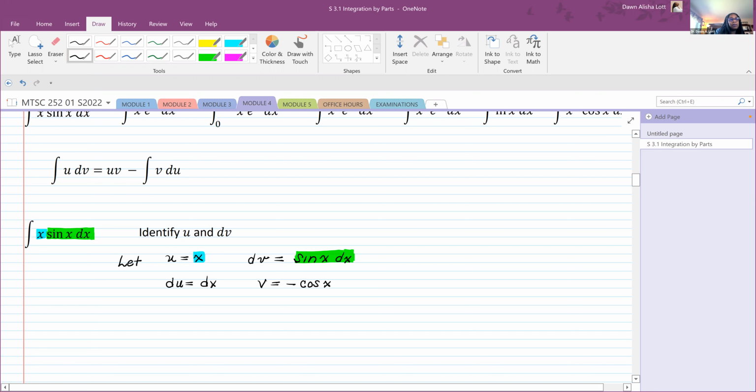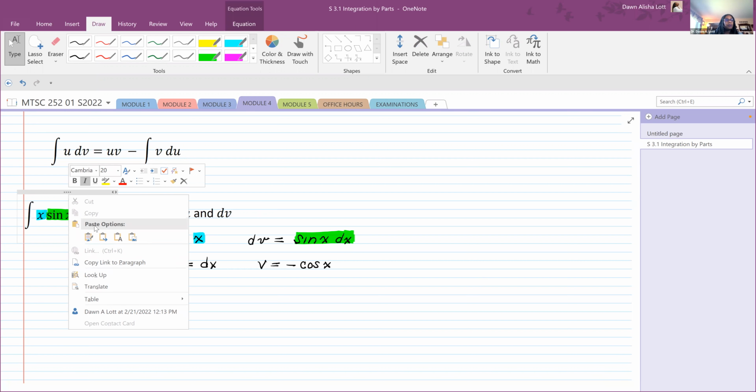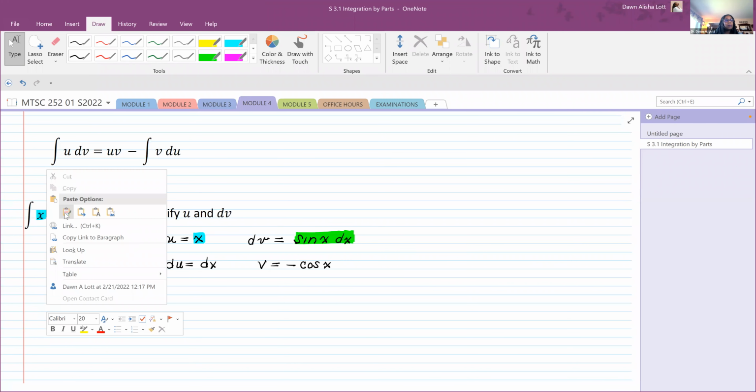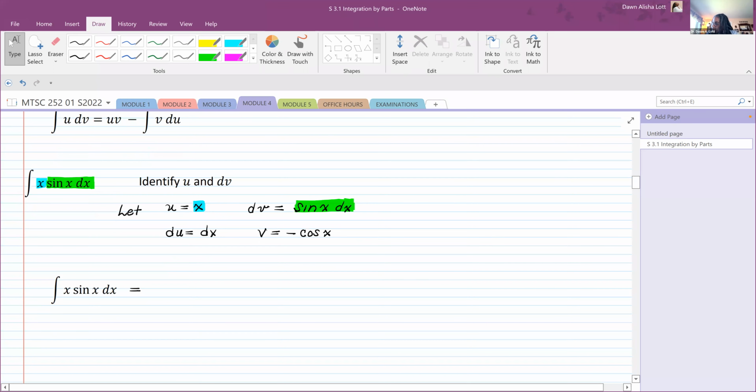Okay, so therefore, I can take my integral. So this is u and dv. This is going to equal u times v. So u is x and v is negative cosine x. So that's the uv part.